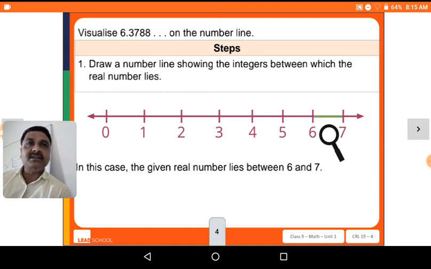So let us see how to visualize this 6.3788.